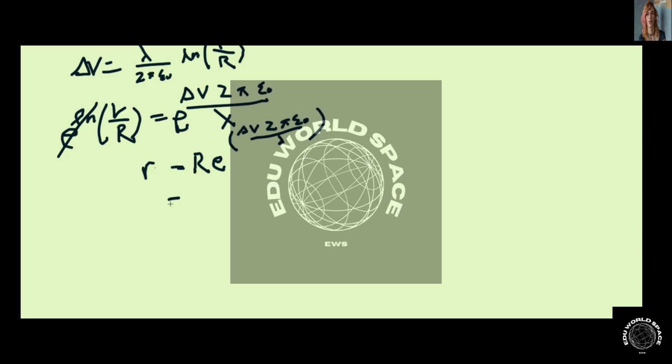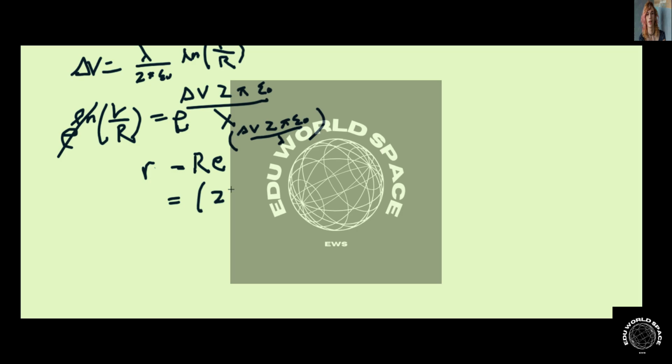Now if you just plug in all the values for potential, the permittivity and lambda, which we all know, we're going to find the radius or the distance. Let's go ahead and plug them in just for clarity.